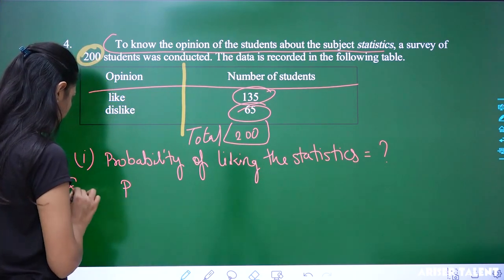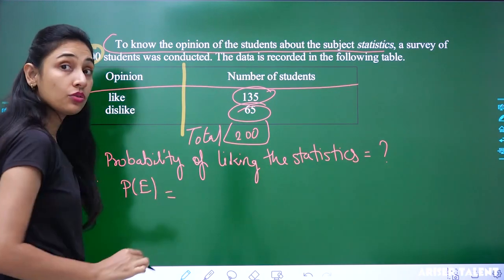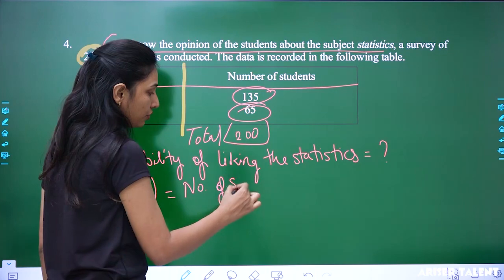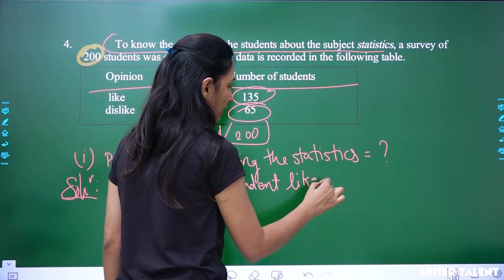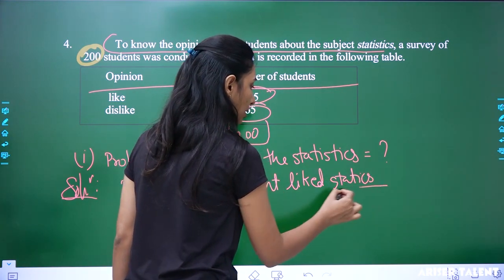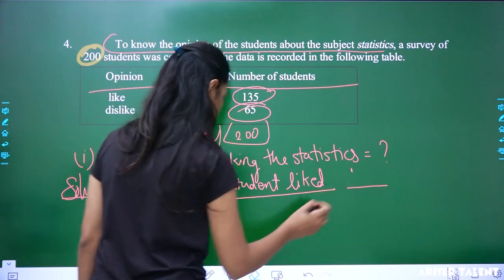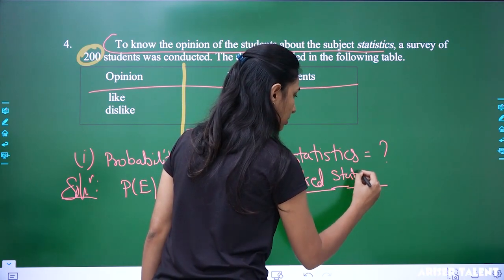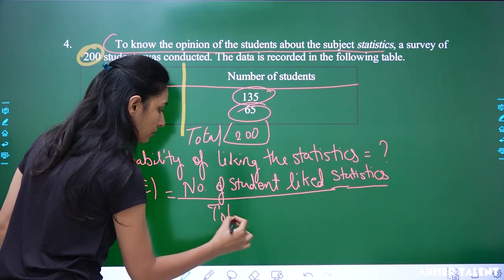The probability of that event is equal to the number of students who liked statistics upon the total number of students.